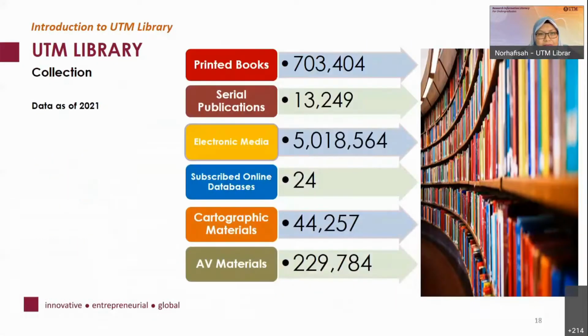This is our library collection. We have printed books, more than 500,000 records. We also have serial publications, also printed. The most popular is electronic media, with more than 5 million records.